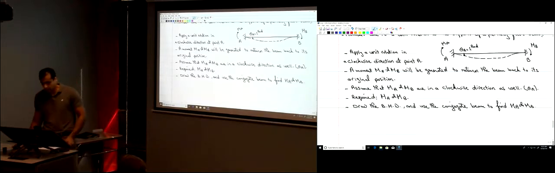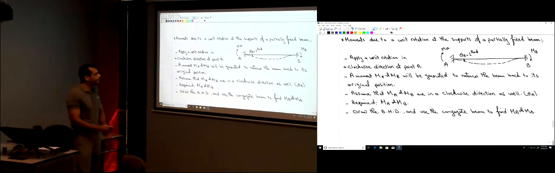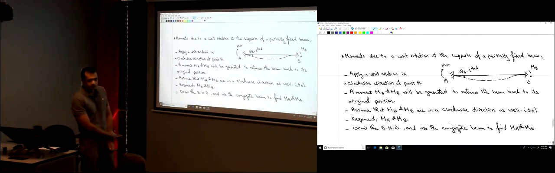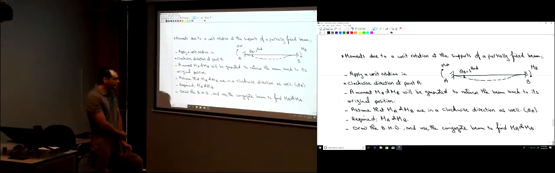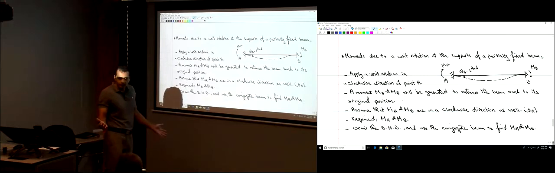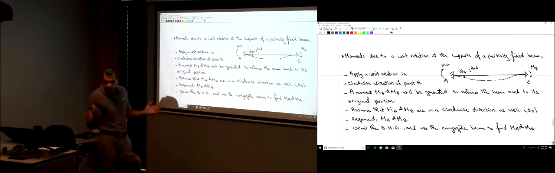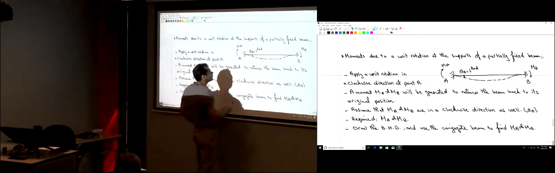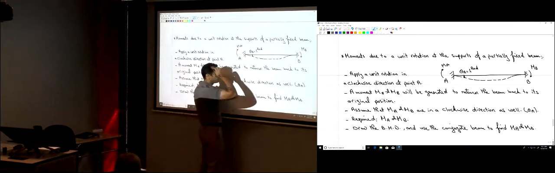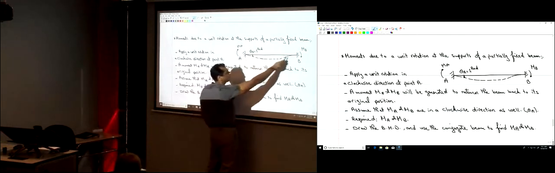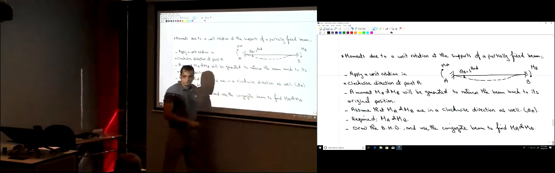Okay? So now, I want to draw the bending moment diagram for this beam. How would you draw the bending moment diagram for this beam? Find the moment at the critical points, right? And then connect them by straight line. Why? Because there is no loads, right? What are the critical points here? A and B.